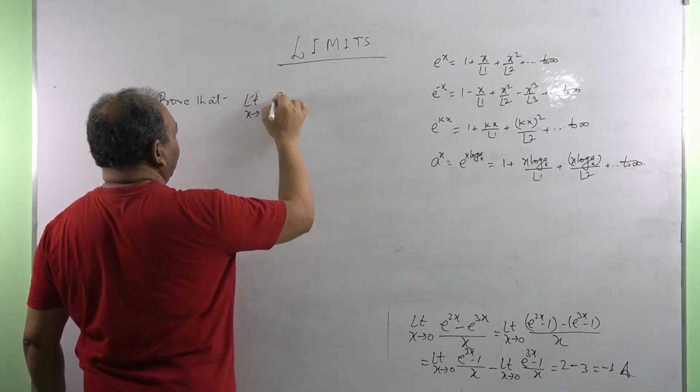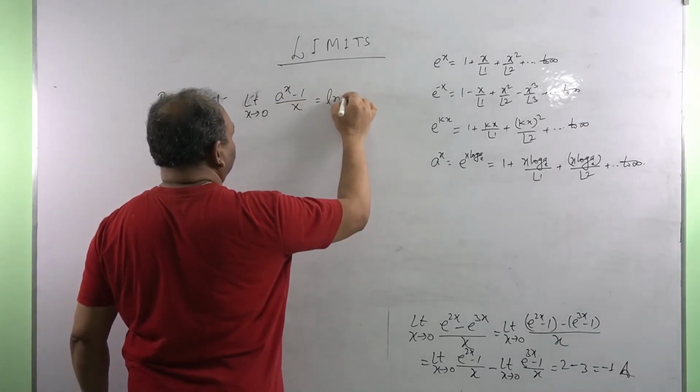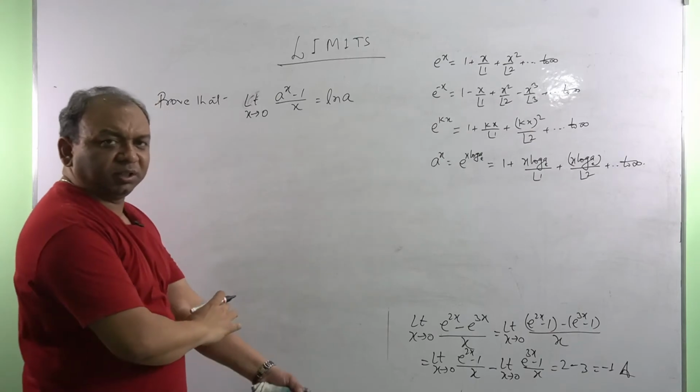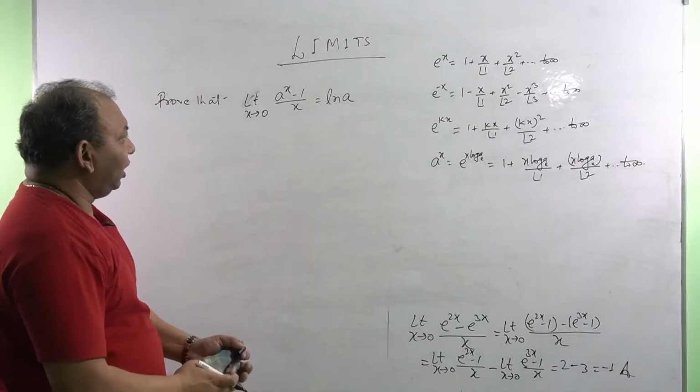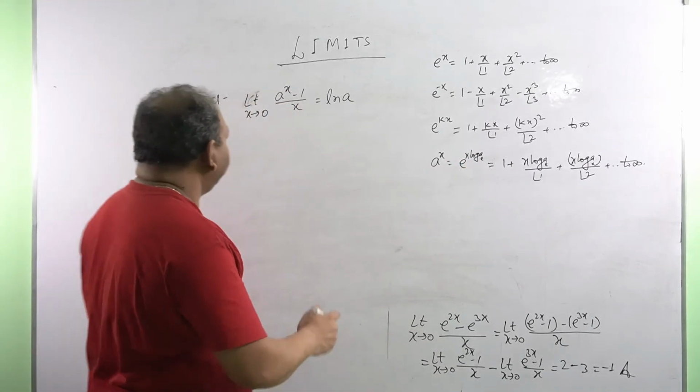Limit x tends to 0 of (a raised x minus 1) by x is equal to ln a, or log a base e. A raised x can be written as e raised x ln a.